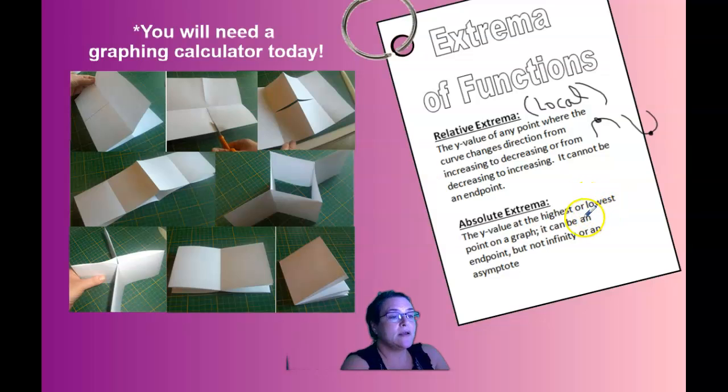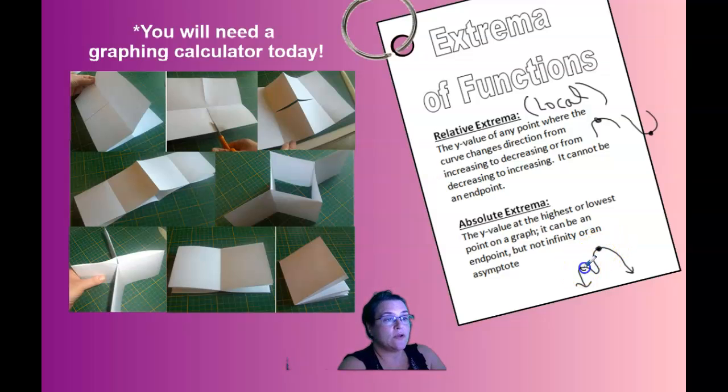So in this context, your absolute extrema would be something like this, where you have an absolute highest point on the graph. That would be an absolute maximum. Okay, this point is both an absolute max and a local maximum.